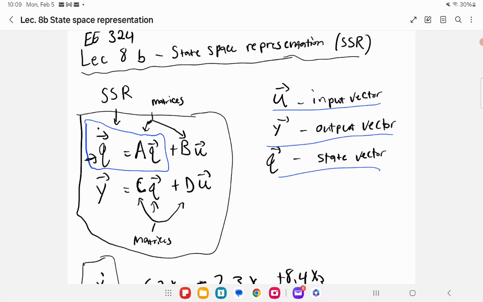Or D might be just a number or something like that. But we do have to write them very specifically here because we're going to have the U. We want U to be some kind of vector, or it could be a number, right? Depending on the size of the system.